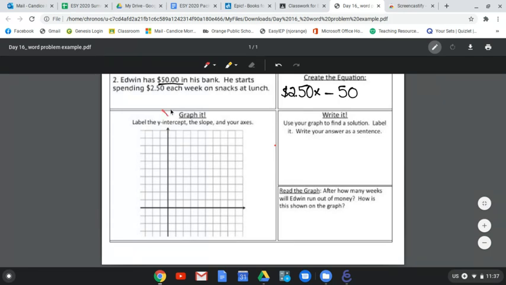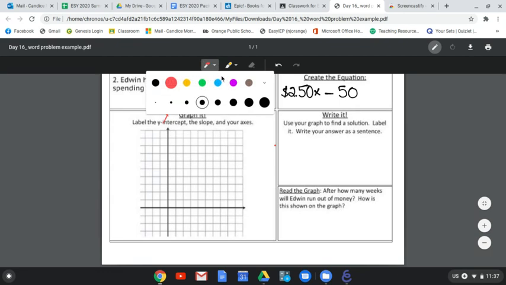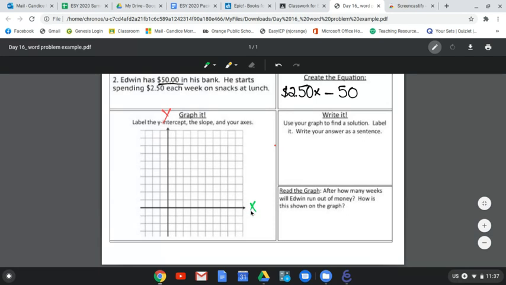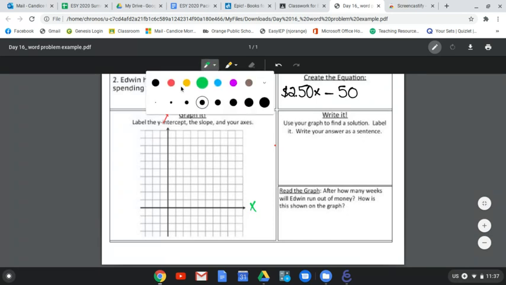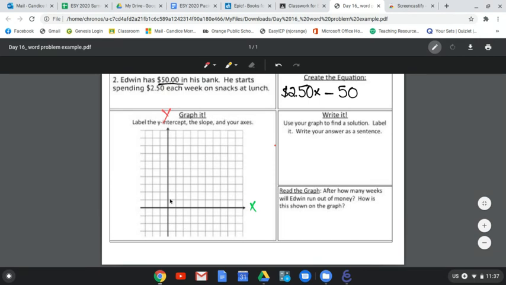Let me just label this y here so we know that's the y-axis. And this is the x-axis. All right, let's think about this for a sec. Y should be, I guess we can do 5s again. So 5, 10, 15, 20, 25, 30, 35, 40, 45, 50.